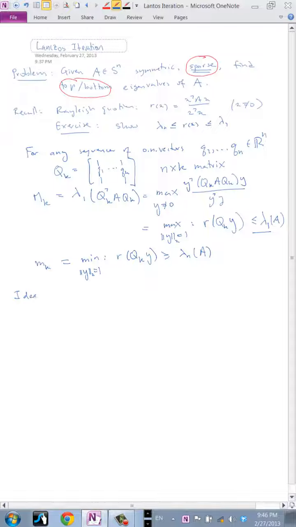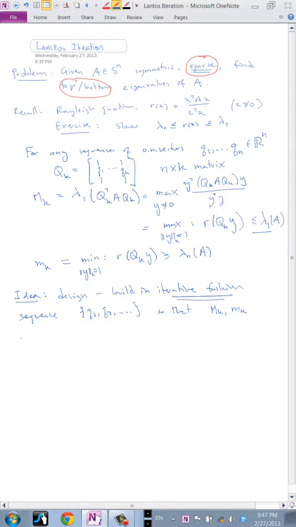So the idea is to design expanding subspaces, or now in terms of the orthonormal bases, we want to design and build, in particular in an iterative fashion, our sequence of orthonormal vectors q1, q2, etc., so that capital MK and little mk are increasingly good estimates of lambda 1 and lambda n respectively.